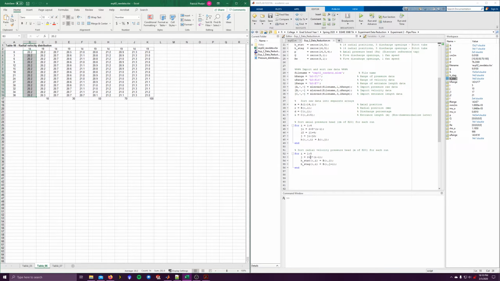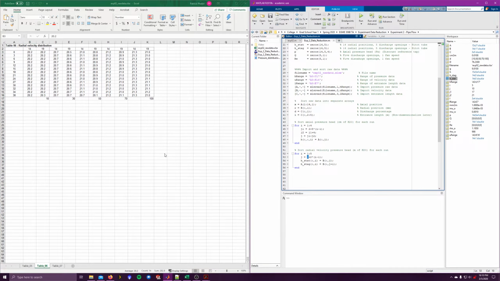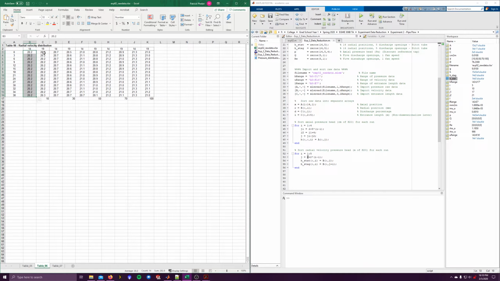So I have J equals 2. That first 2 says that we at least start in column 2. Then I'm going to do plus 2 times I minus 1. So let's pretend we're doing this for the first run. Then I have 2 plus 2 times 1 minus 1. So we have 2 plus 0, and that's just 2.